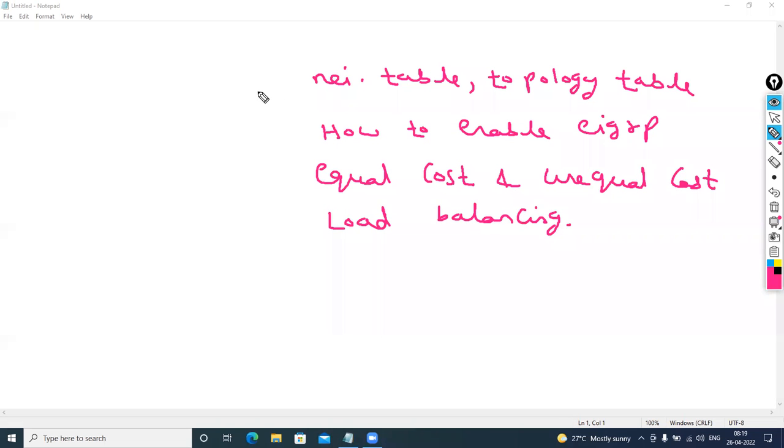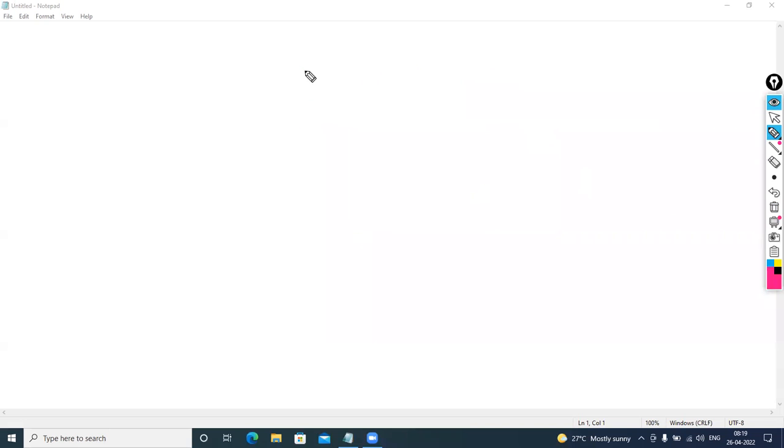Okay, so now we'll start with neighbor table and topology table. Before that, we'll see how to enable EIGRP. Then we'll do a lab. Then we'll discuss the components of neighbor table and topology table. Clear? Now how to enable EIGRP.